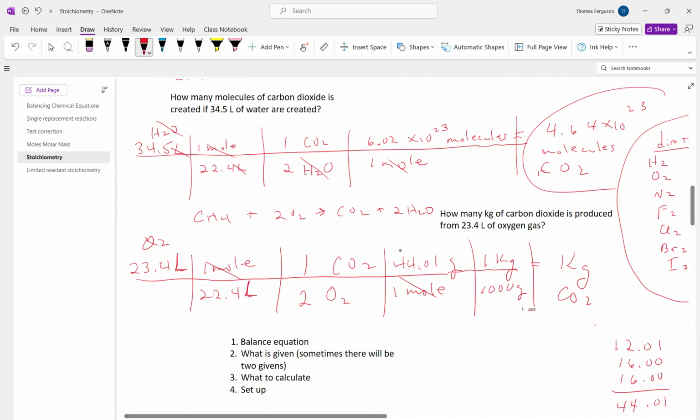Okay, does everyone see why this is a 4-stepper, not a 3-stepper? Because of that last conversion. But the meat of the thing is an original 3-step pattern. Convert given to moles, coefficient ratio from the balanced equation, convert to what you're trying to calculate. Again, 3 basic patterns here. And then in this last step, we had to convert to kilograms.